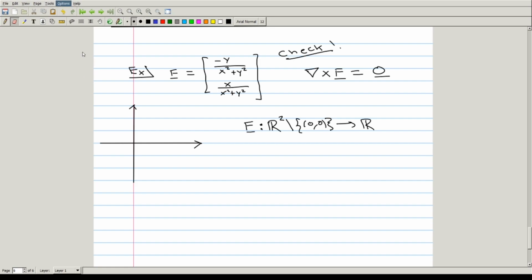So what this looks like, if we plot this out, is that we have some hole at the origin.